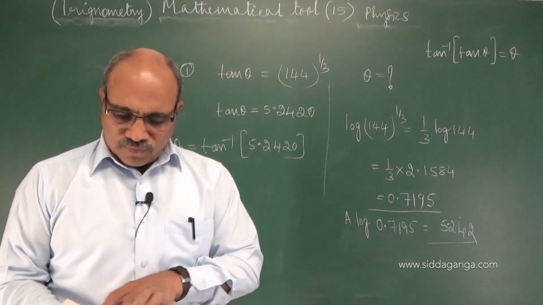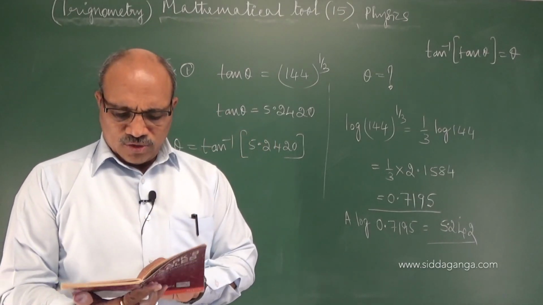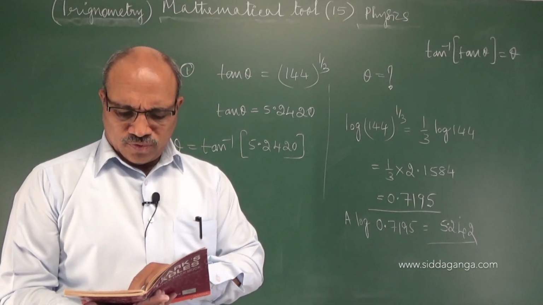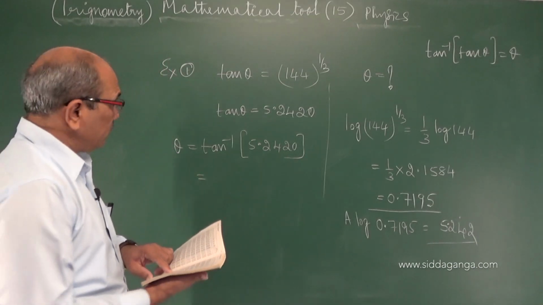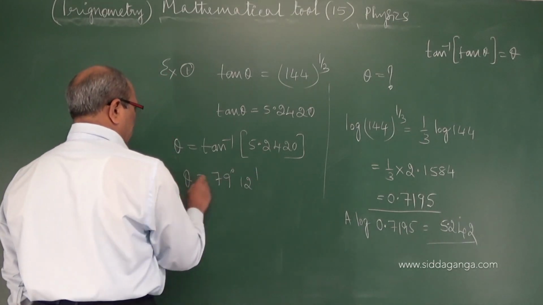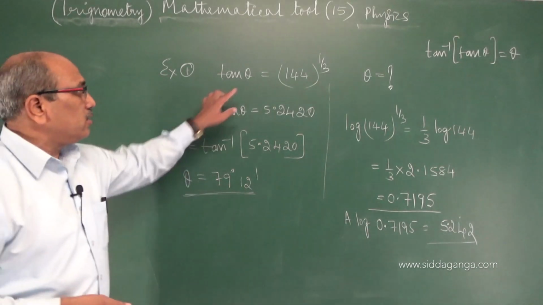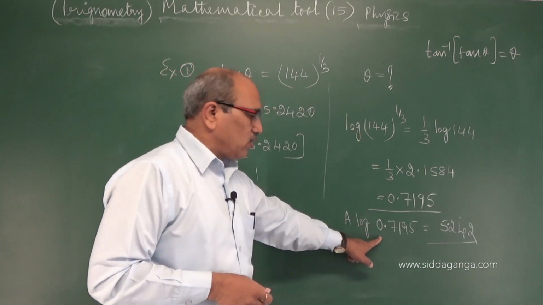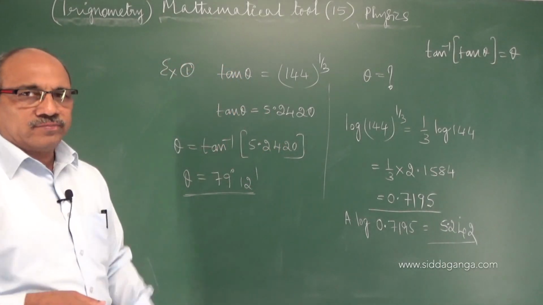You want 5 point, see very carefully, 5 point coming very lowerly, 5 point something, 2420, I have to go 2420, very much available, 79 degree 12 minute. 79 degree 12 minute is the theta answer. Note down this. I think you are understood here how cube root is obtained using the log and finding the antilog, and given the tan theta value, how to find the angle of theta.